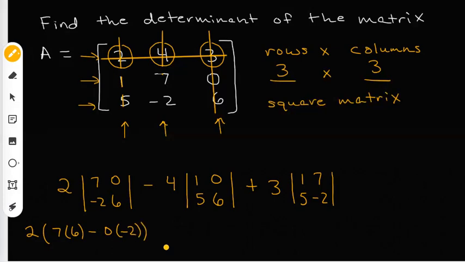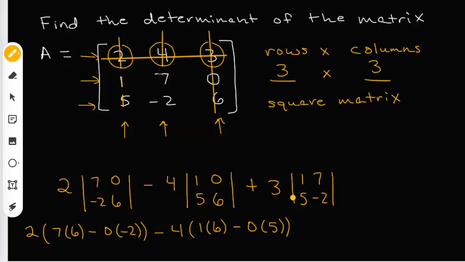That's how I do the first one. Next, I move on to the next term, and I bring down my -4. And I do the same thing with this 2 by 2. I find its determinant: 1 times 6, minus 0 times 5.